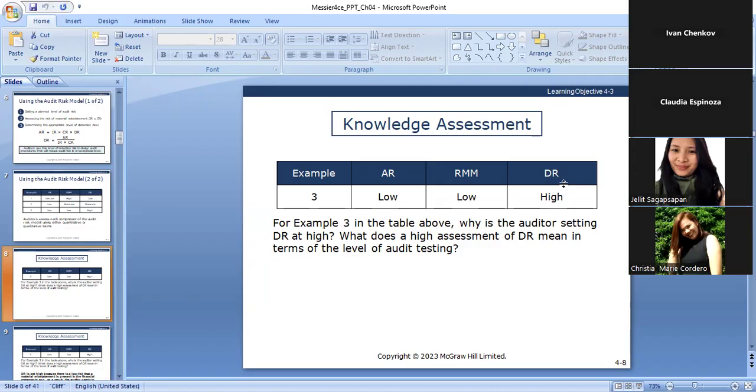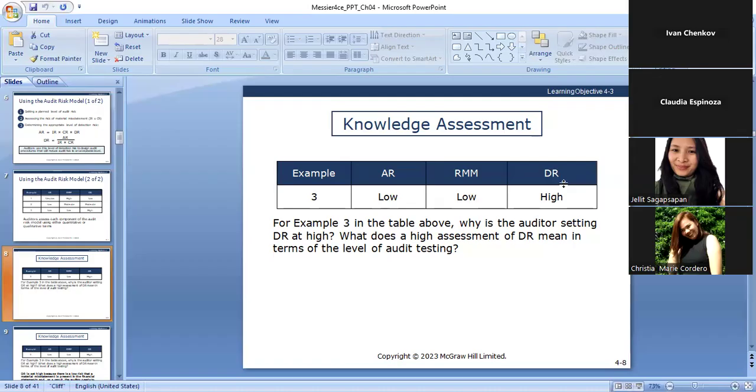High doesn't mean that there's a chance of mistake. No, it means that if the detection risk is high, we're doing less testing, and if there's a misstatement, the chances we fail to catch it are high.